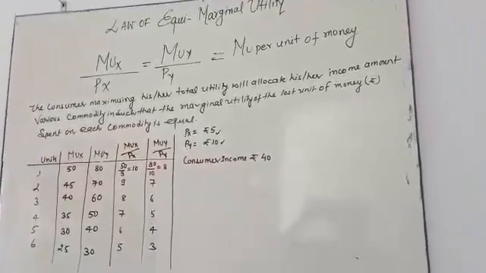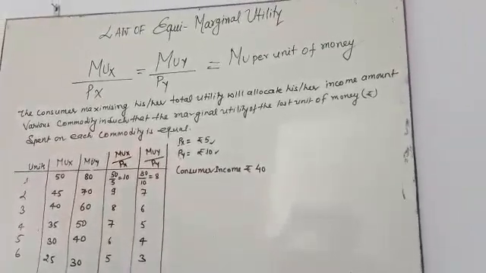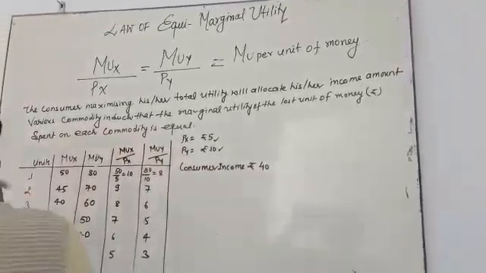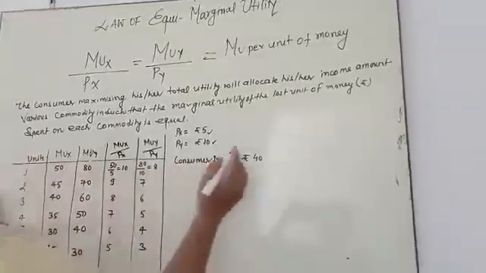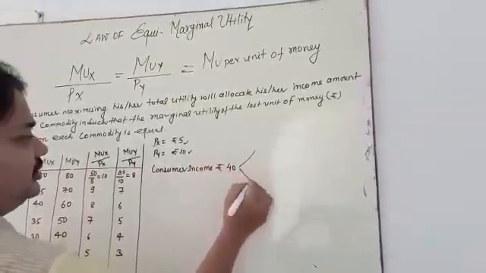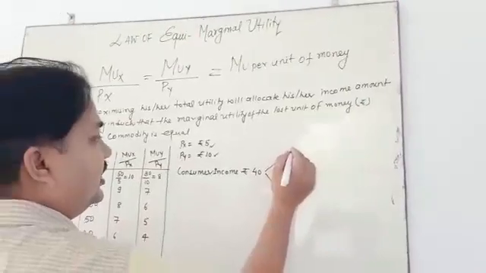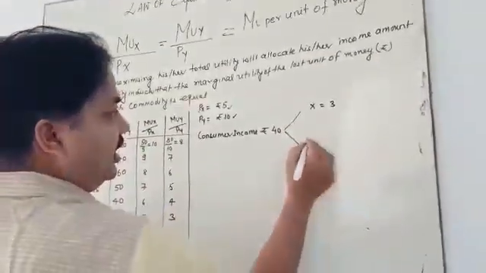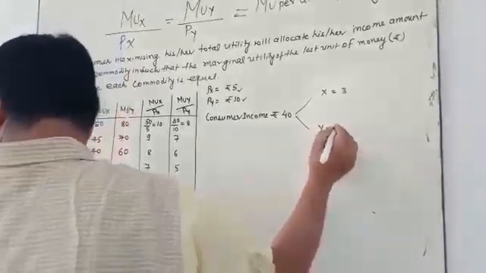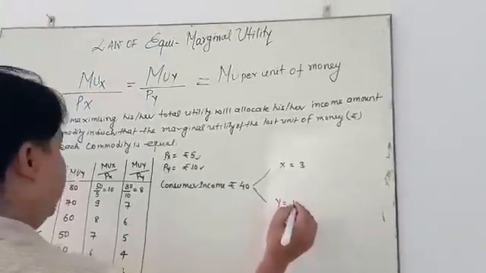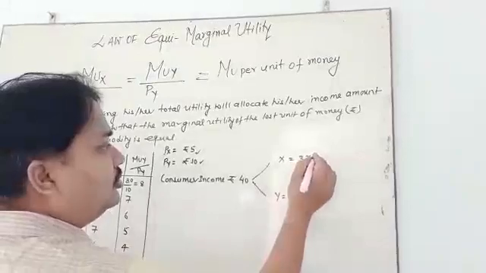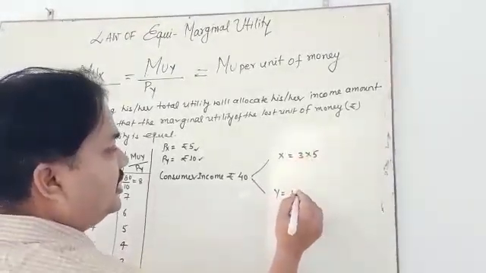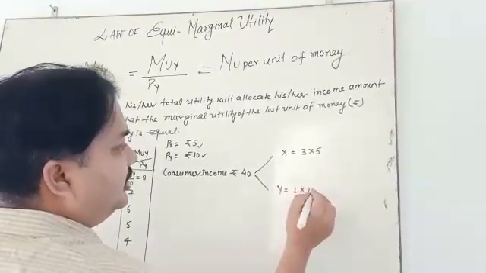So in this situation, let's take an example. Suppose X commodity is purchased 3 units and Y commodity is purchased 1 unit. The price of X commodity is 5 rupees and the price of Y commodity is 10 rupees.